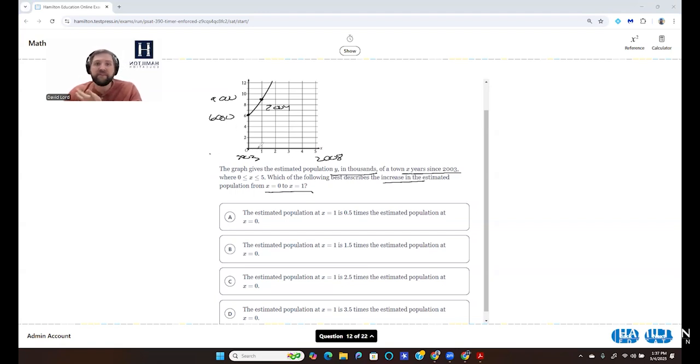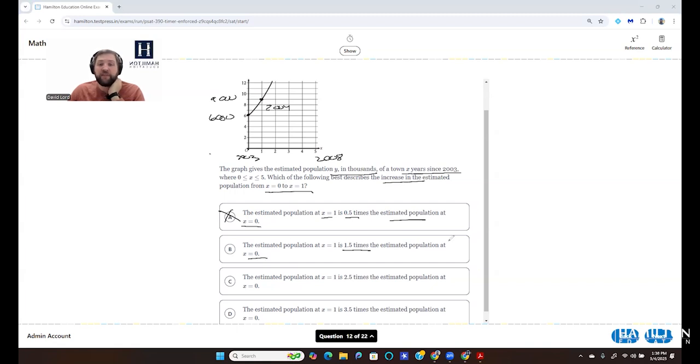We can also do a multiplication factor, but probably the best way is to look at the answer choices and use elimination. A: The estimated population at x equals 1 is half times the estimated population at 0. Well, 9,000 is not equal to half of 6,000, so it's not A. B: The estimated population at 1 is 1.5 times the estimated population at 0.